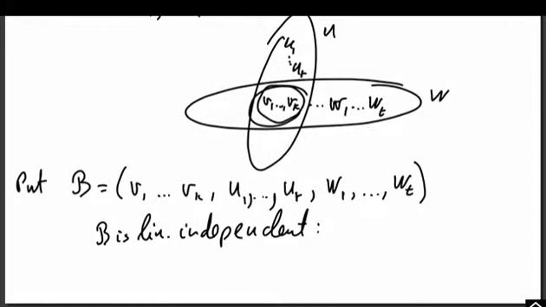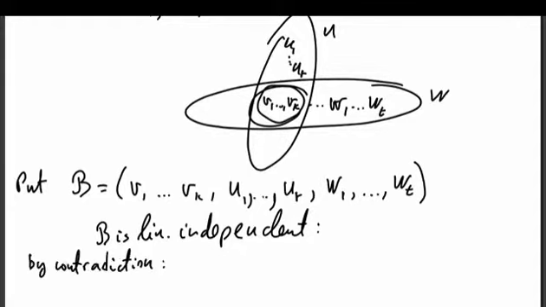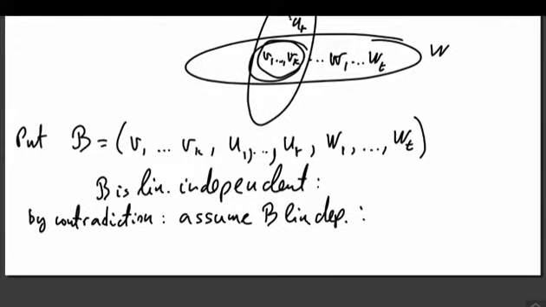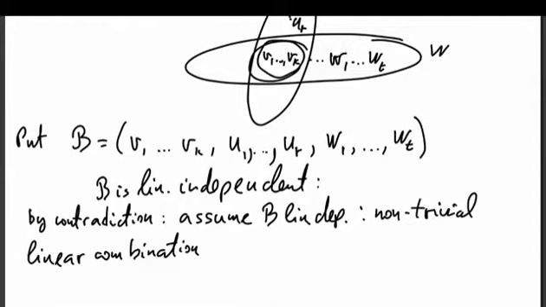We prove this statement by contradiction. So assume that B is linearly dependent, not independent, which means that a non-trivial linear combination can produce zero.